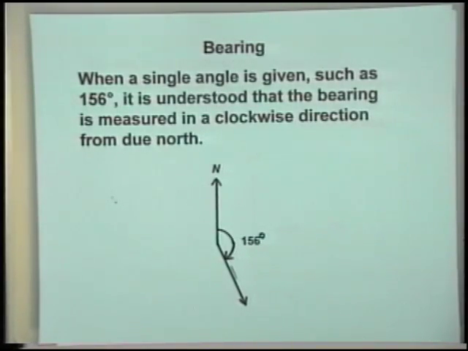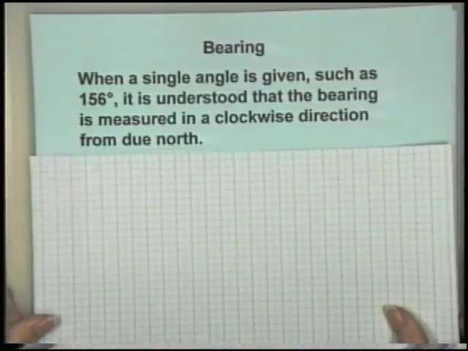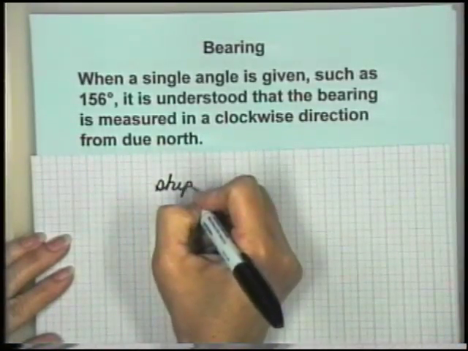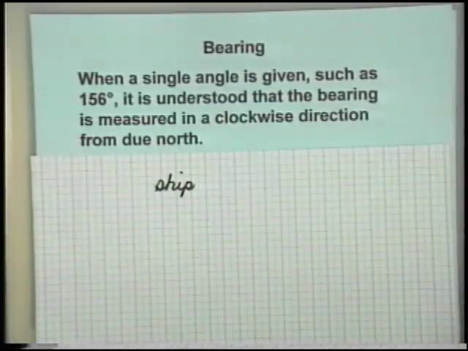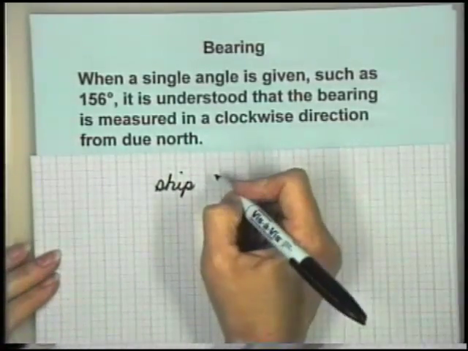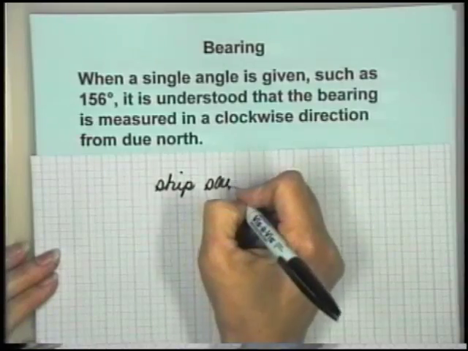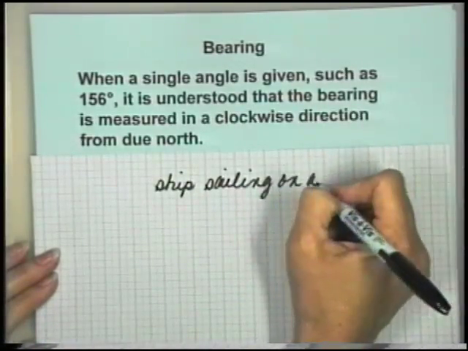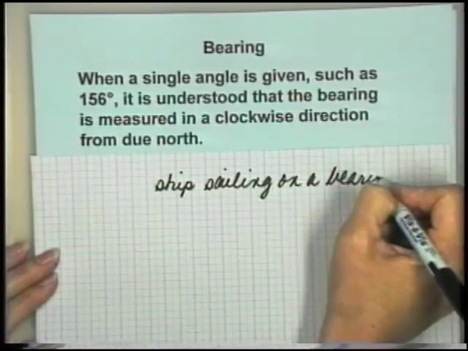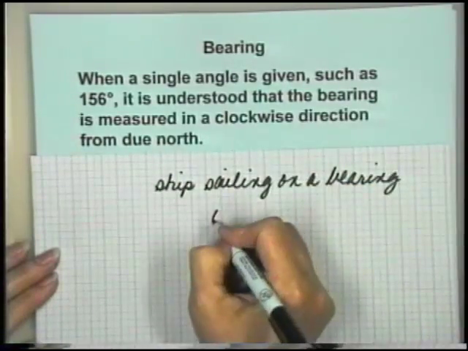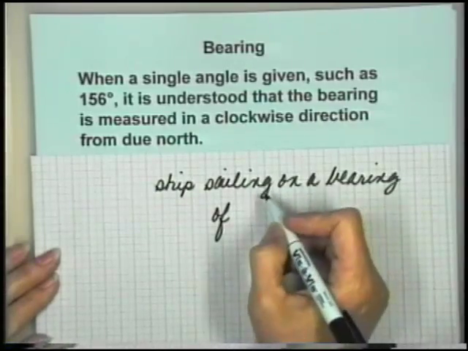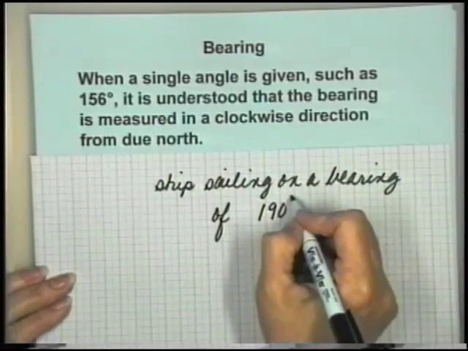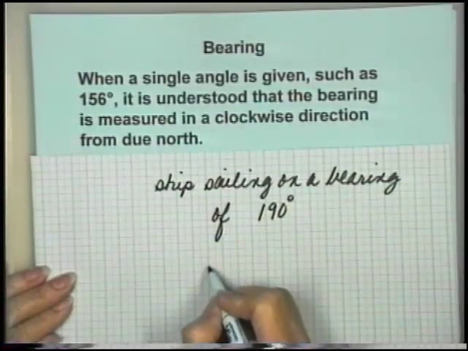Let's look at another example. Suppose we were talking about a ship, and we said that the ship was sailing on a bearing of 190 degrees.